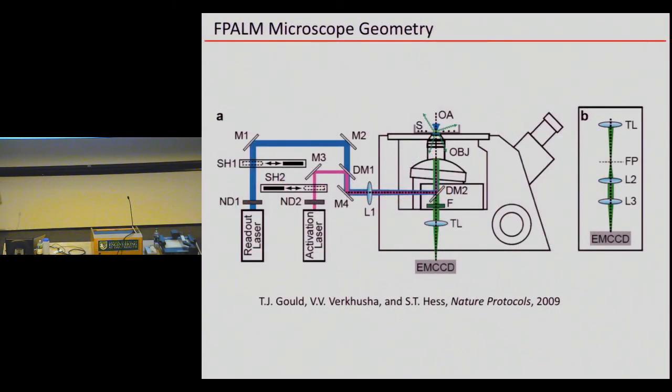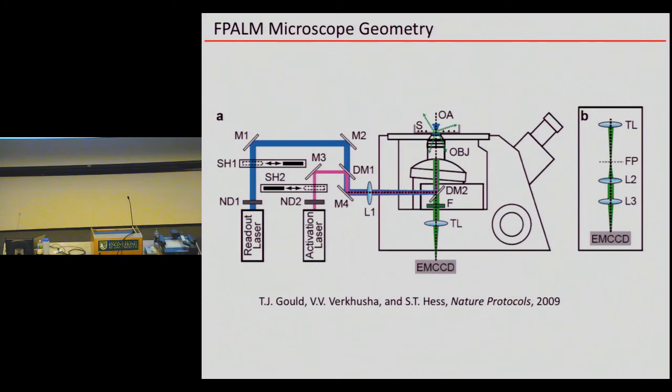What kind of a microscope does it take for this? You might expect it to be something elaborate, but in fact it can be as simple as a standard epifluorescence microscope with a very sensitive camera, that being one of the most expensive pieces of it, and then 2 light sources, which could be lasers, which are convenient that way, that can be controlled with shutters.